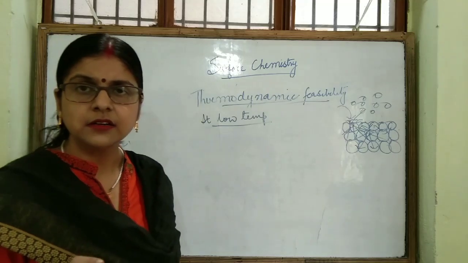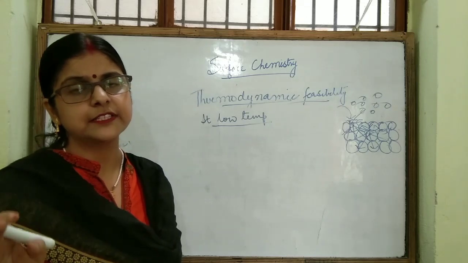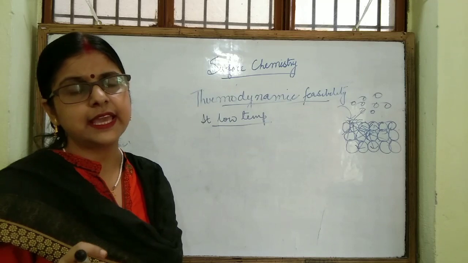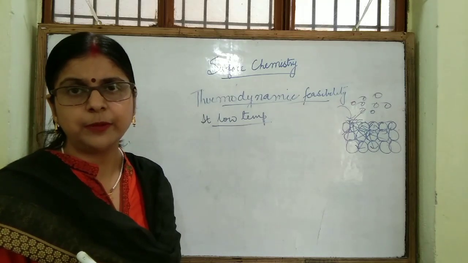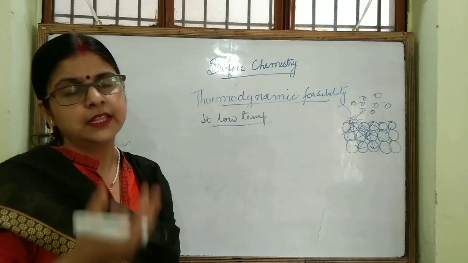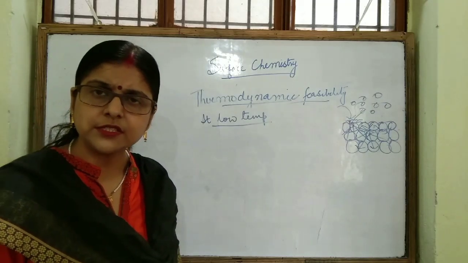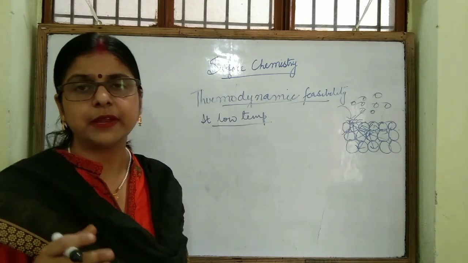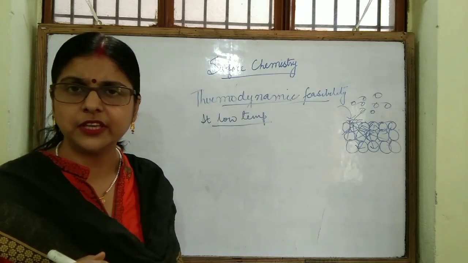Is it clear? Delta G is equal to delta H minus T delta S. I have shown that in this case, the enthalpy will be negative, since the particles of one species are being attracted to the particles of another species, and in attraction there is release of energy.